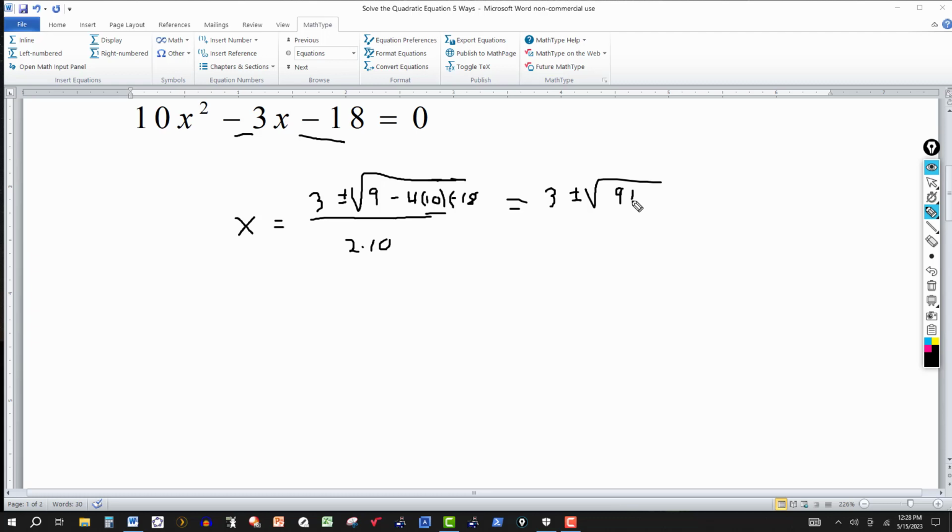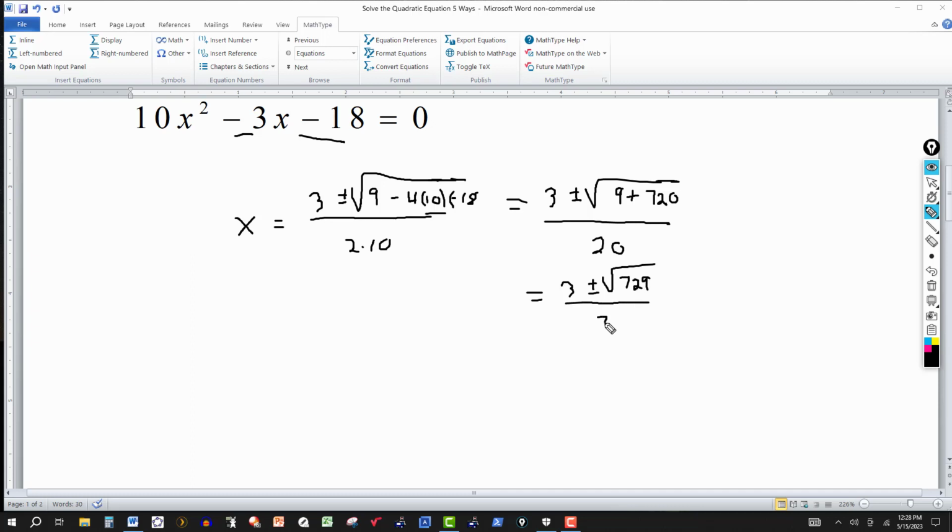That'll give you a plus right here. And then you just multiply the 4, the 10, and the 18. And we get 720. And that's over 2 times 10, which is 20. So this will give us 3 plus or minus the square root of 729.